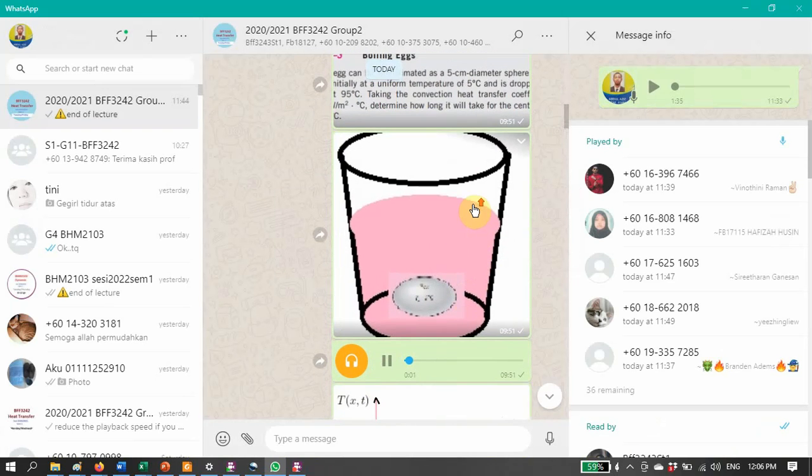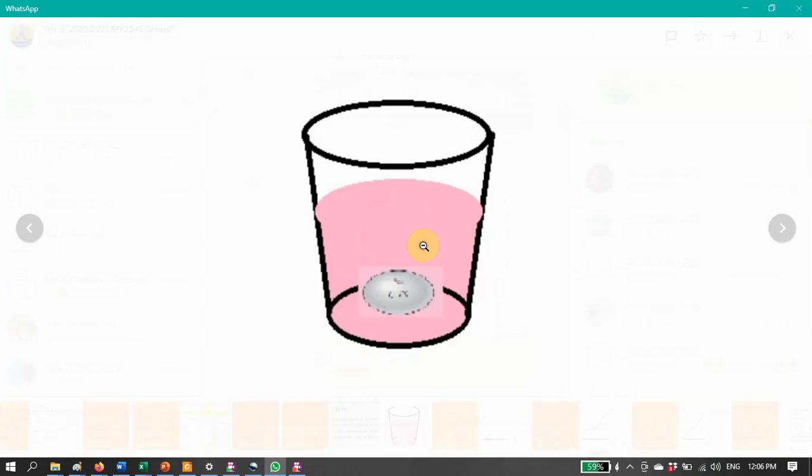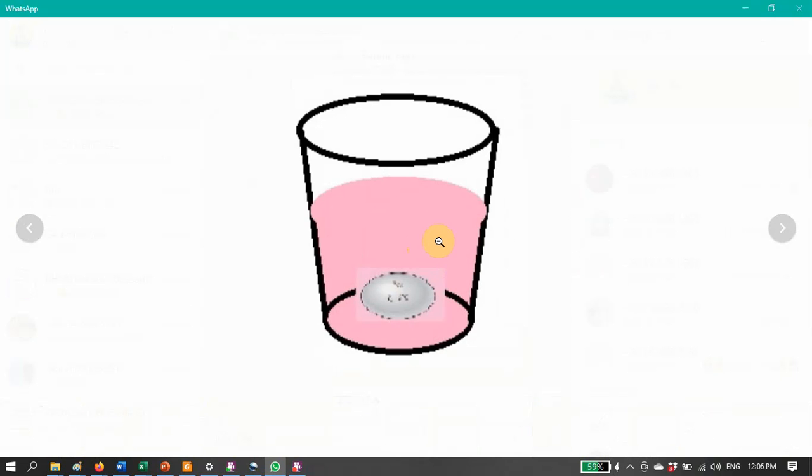Right, this is the physical situation of the problem. You place the egg inside boiling water, right? So I represent this in three-dimensional. You can put it in a square box, you can put it in whatever shape you like, but it should be in three-dimensional.